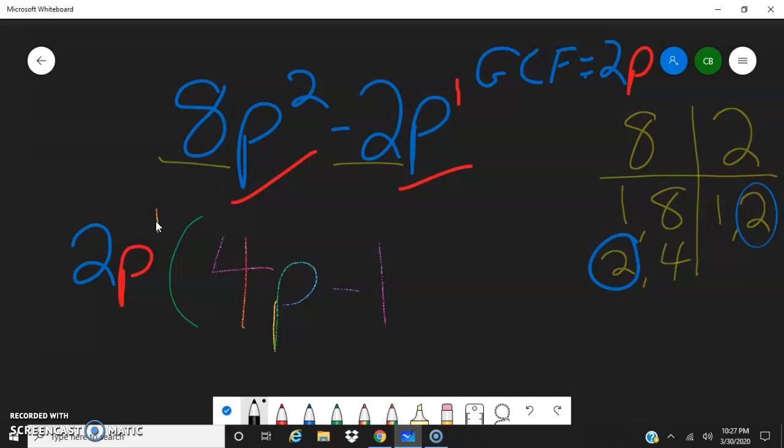So I'm just left with that minus 1, and that's it. If I'm going to factor a common factor out of this entire expression, my final answer is simply 2p, and in parentheses, 4p minus 1. My final answer.